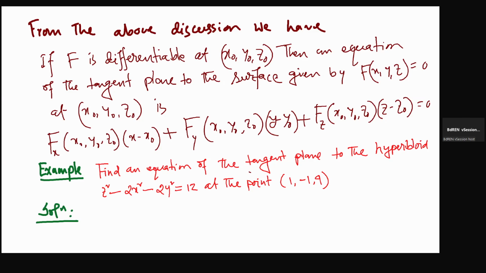So based on the theory, at first we should determine, from the given equation, we have z square minus 2x square minus 2y square minus 12.